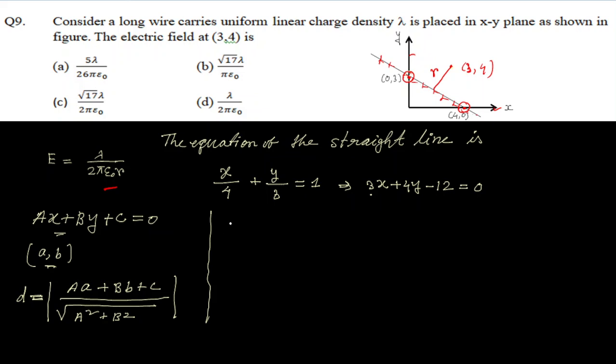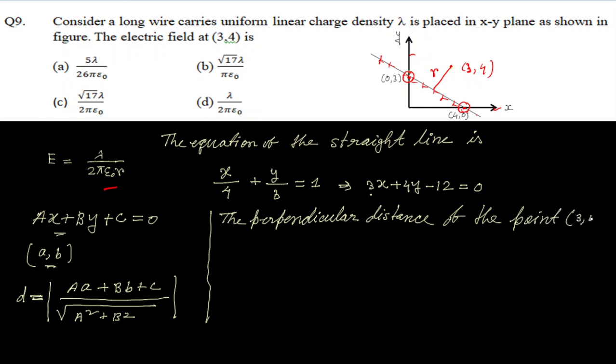Then what will be the perpendicular distance of the point (3, 4) from the straight line 3x plus 4y minus 12 equals 0?